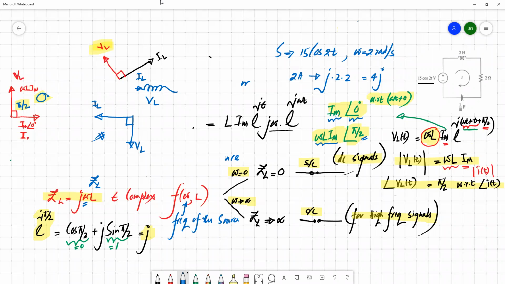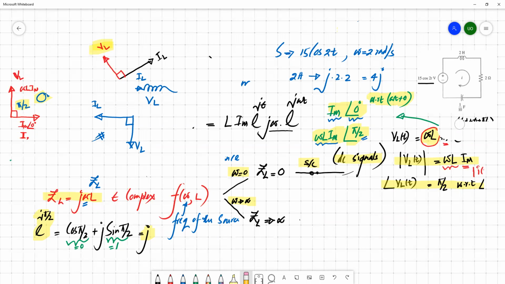Always your voltage leads the current by 90 degrees. This is the simple conclusion we can make out of these simple equations. Okay, hope it's clear. If you have anything, just ask me.